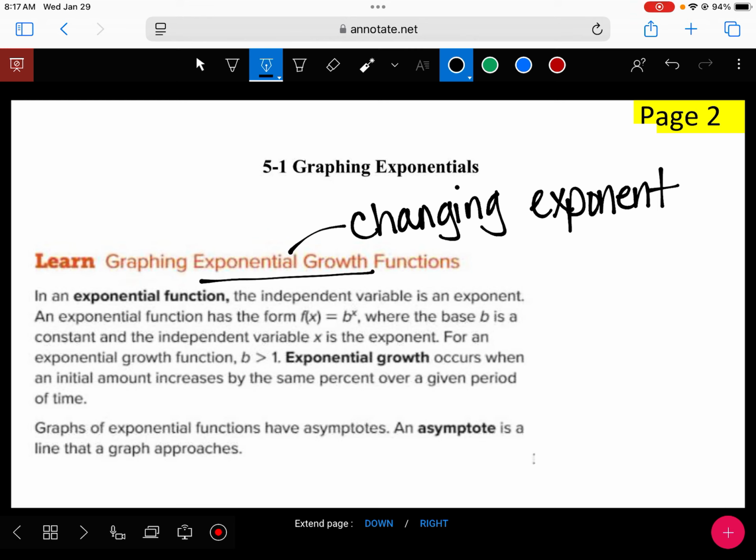That's all it means. So exponential has a changing exponent.